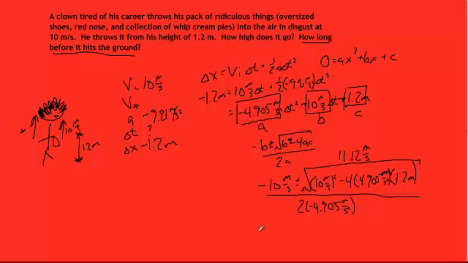Okay, when I add, my first answer for t is -0.11 seconds. When I subtract, I actually get a positive 2.15 seconds, which is my actual answer in this case.